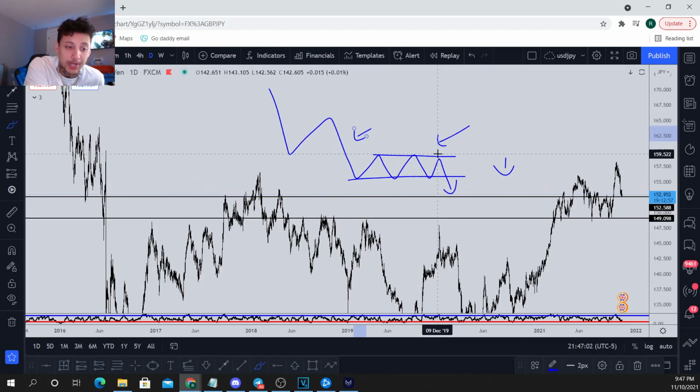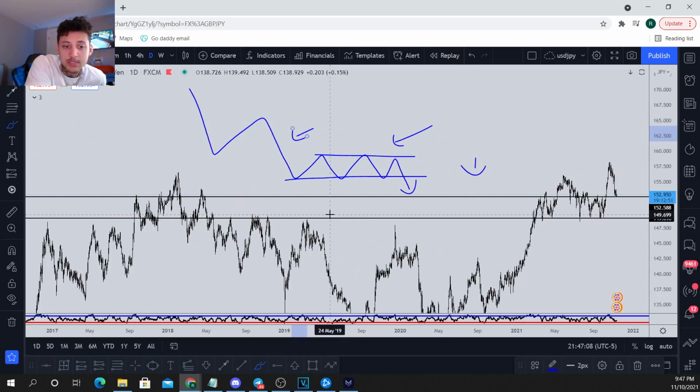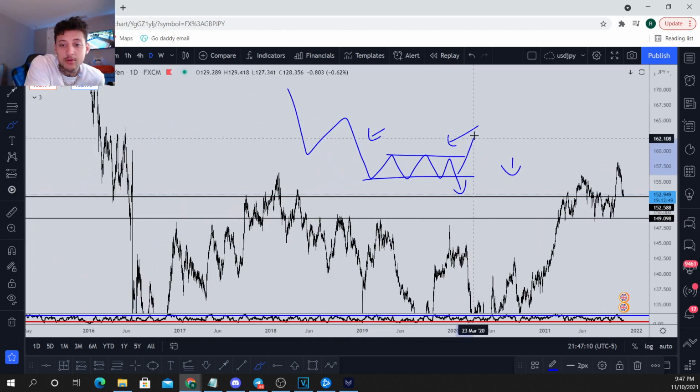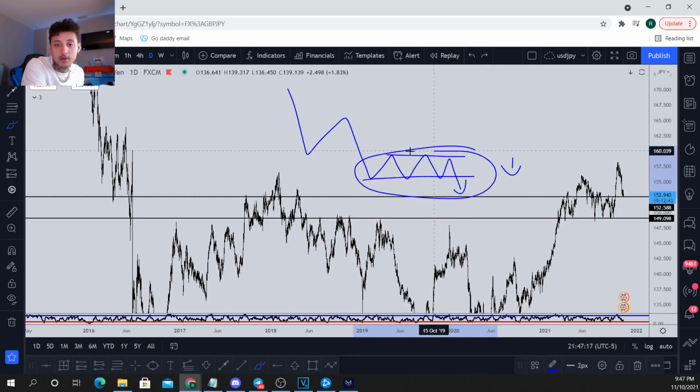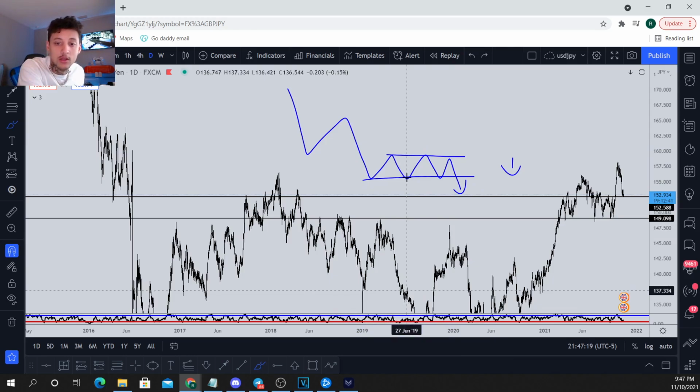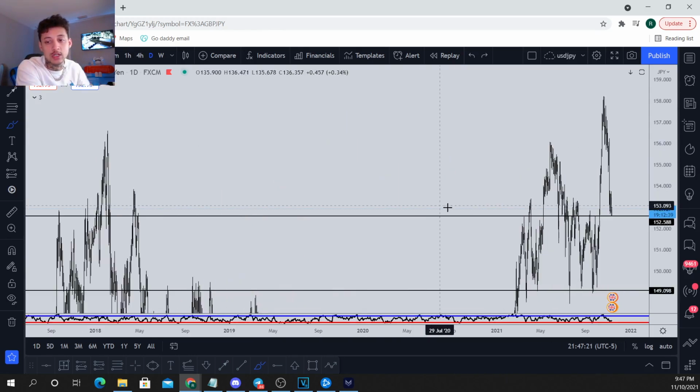Now, it always depends on where this is, because if this is just in a random area, then it can just happen. But sometimes we may see a reversal, but the probability for the trend to continue is actually a lot higher. This is just another form of a pullback here. This is just going to be a consolidation pullback where the trend continues.